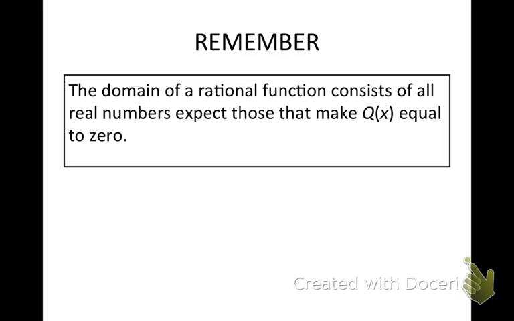Okay, so the domain. If you're asked to find the domain of a rational function, the domain of a rational function consists of all real numbers except those that make q of x, and we're just using q of x as a general rule of thumb, make q of x equal to 0.